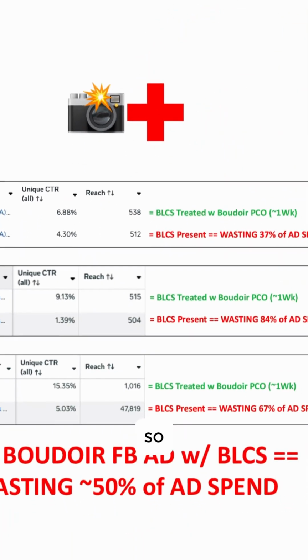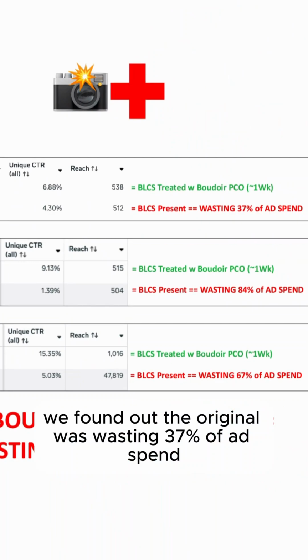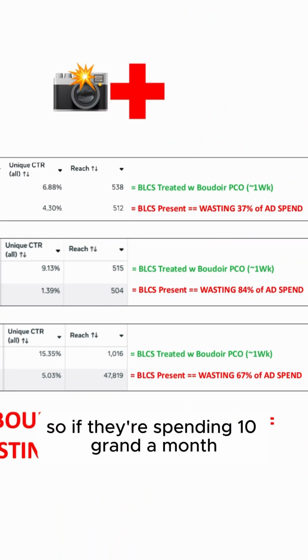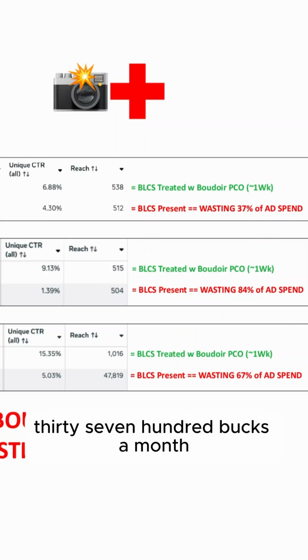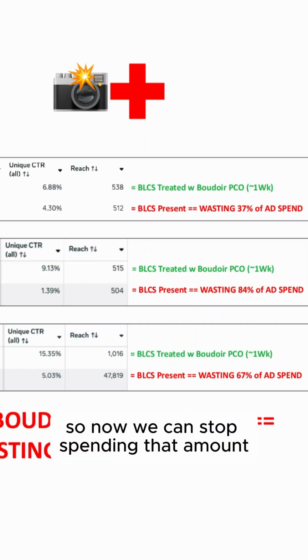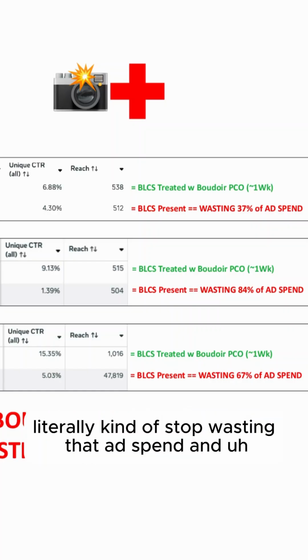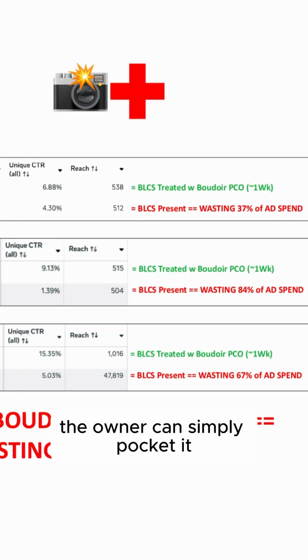So we found that the original was wasting 37% of ad spend. So if they're spending 10 grand a month, 3,700 bucks a month was being wasted. So now we can stop spending that amount, literally stop wasting that ad spend, and the owner can simply pocket it.